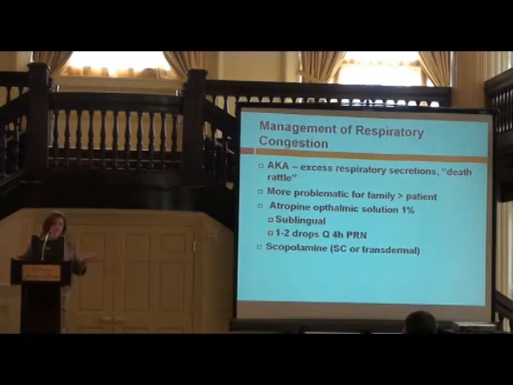So you may see a variety of different dosage regimens being used here, and it can be dosed as needed. So patients may not need it around the clock, or the family members may not need to administer it around the clock. If that doesn't work, you could use scopolamine, either by sub-Q injection or the patch. Problem is it does take a slower onset, especially the patch, if you need to use that in an outpatient setting. So you may have a delayed effect there.